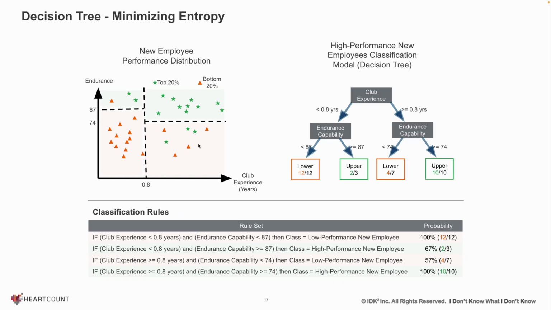So in a hypothetical scenario, club experience and perseverance or endurance score are employed to identify high performers. This segmentation will be demonstrated using node analysis, allowing us to establish rules that pre-filter high performers with high accuracy.